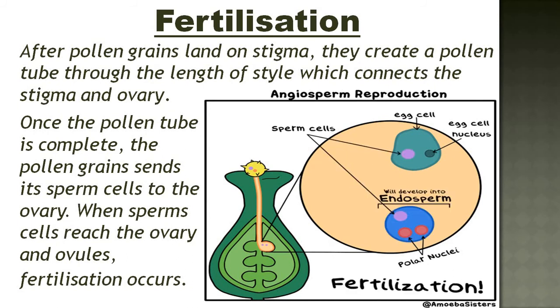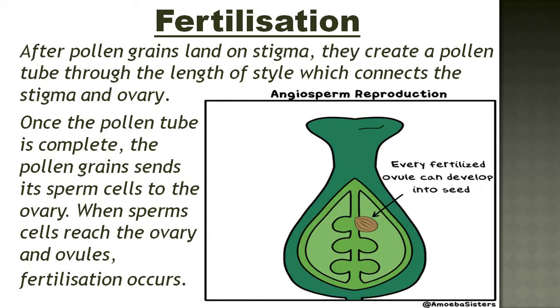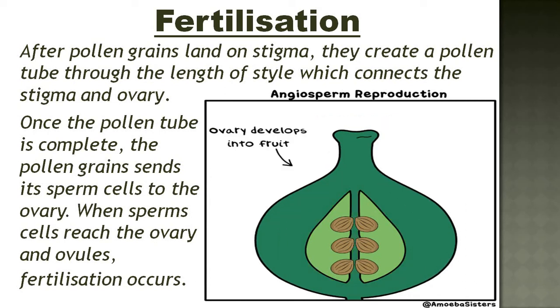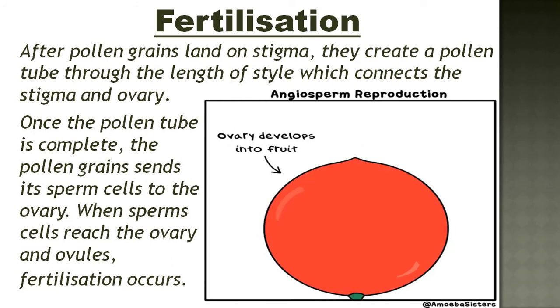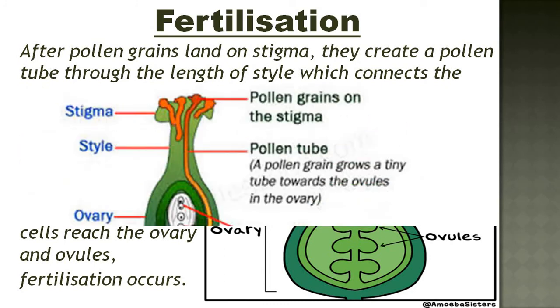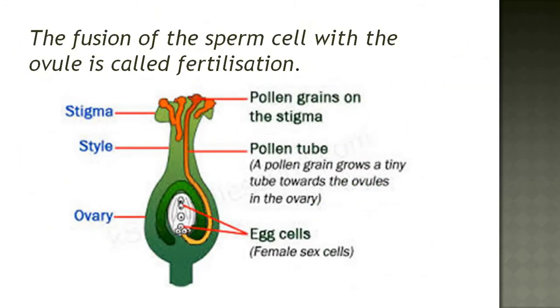These two cells fuse together and form a zygote, which is the baby plant. Then all the ovules, as shown in the picture, convert into seeds, and the ovary of the flower swells and converts into the fruit. For example, the diagram is showing a tomato. The fusion of a sperm cell, meaning the pollen cell, with the ovule is called fertilization.